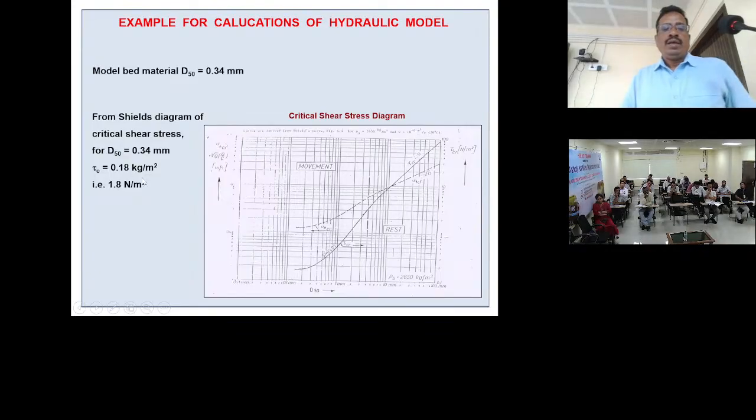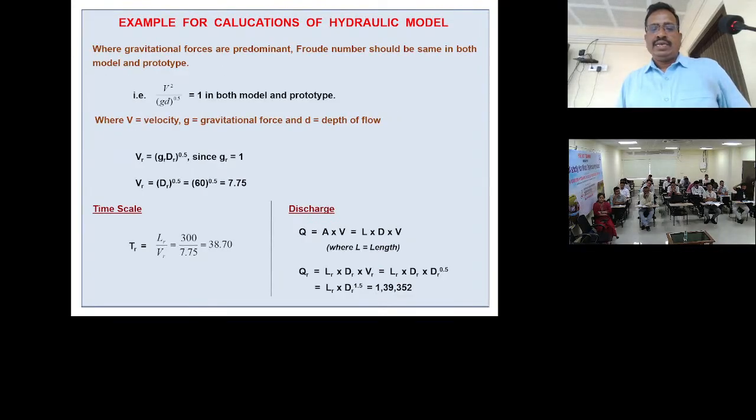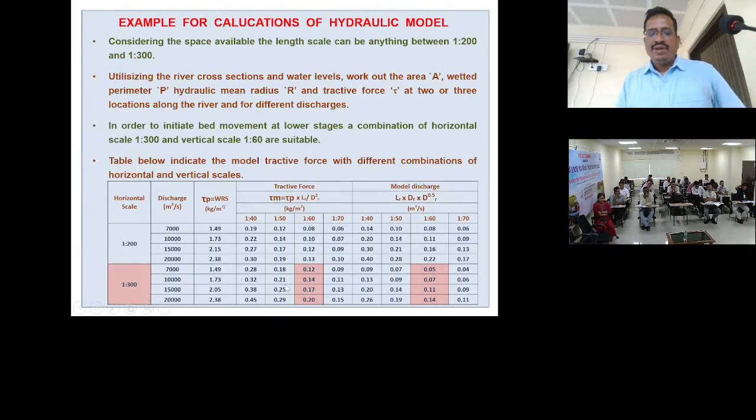So if you produce a critical shear stress of 0.18 kilogram per meter square, then only the bed will be moved. So like that you have to check in this table where the values are nearby this 0.18, you can adopt that scale for the design of the model.